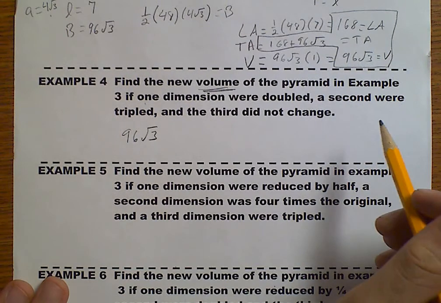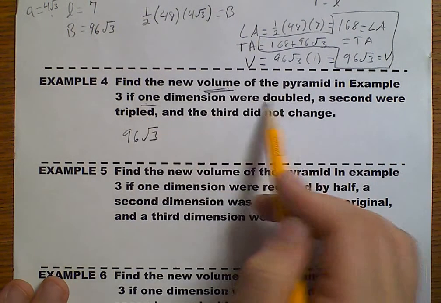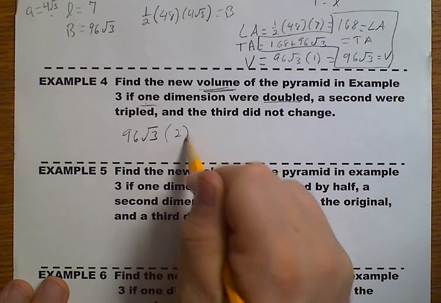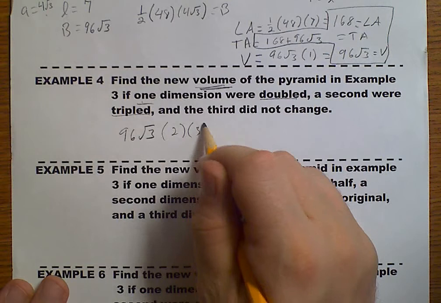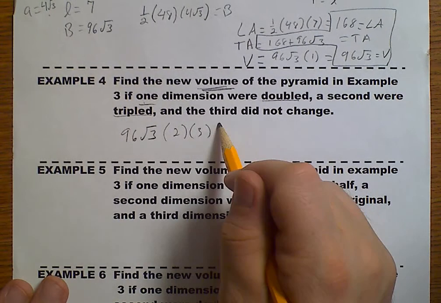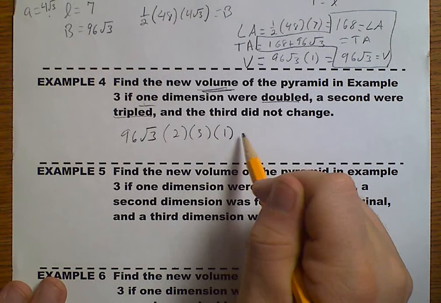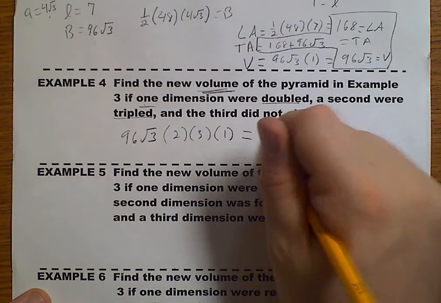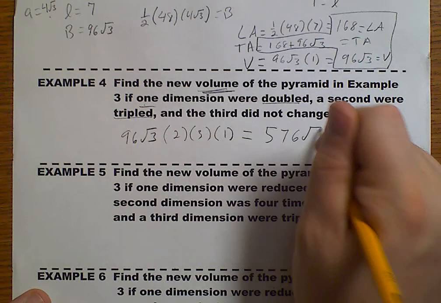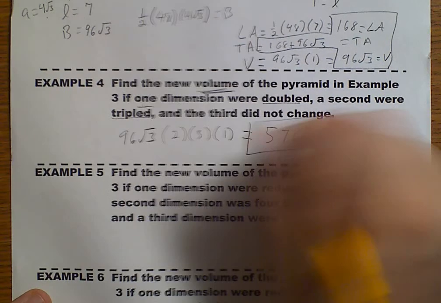One dimension is doubled, so that means we're multiplying by 2. The second was tripled, we're multiplying by 3. And the third didn't change, so we multiply by 1. We do that, we get 576 on the square root of 3.